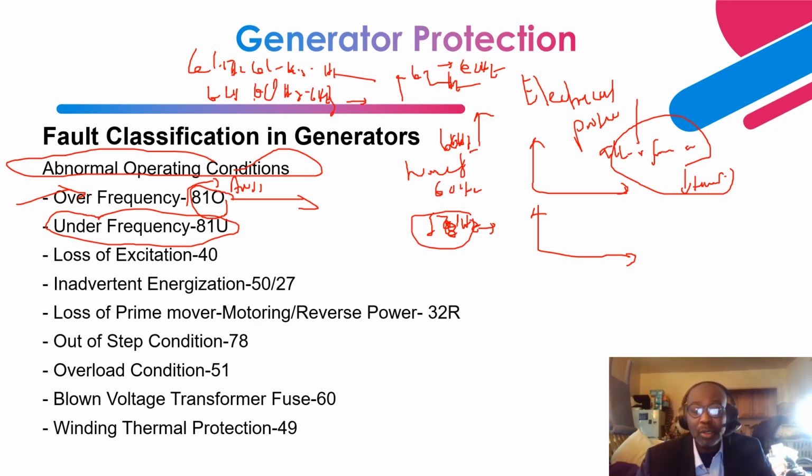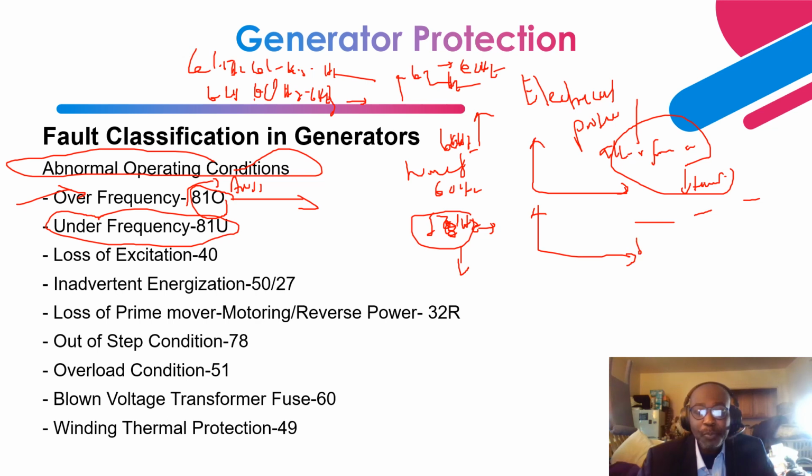the generator, because if you operate below this, your turbine blades are going to overheat and can cause permanent damage to your turbine generator shaft. In between 58 hertz and 60 hertz, that will also be graded.